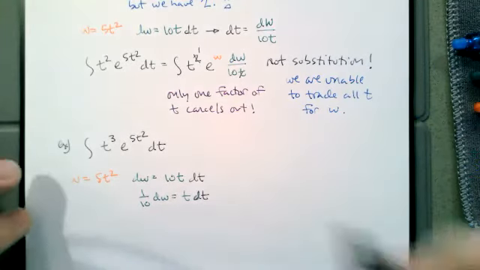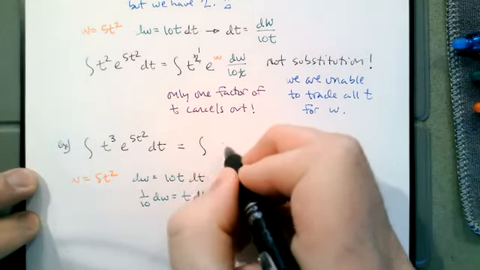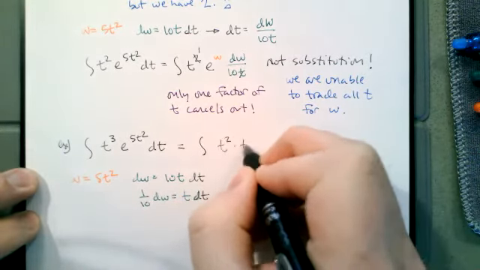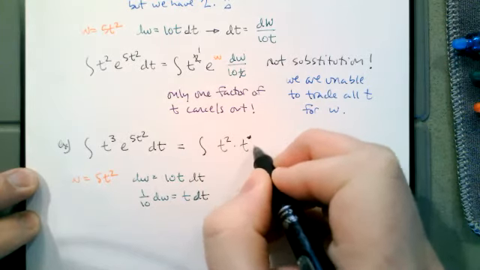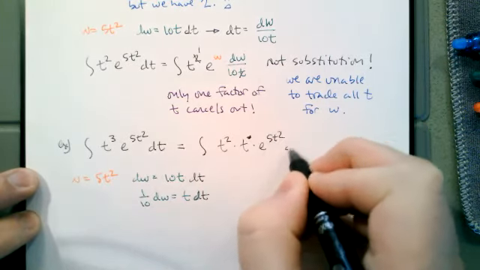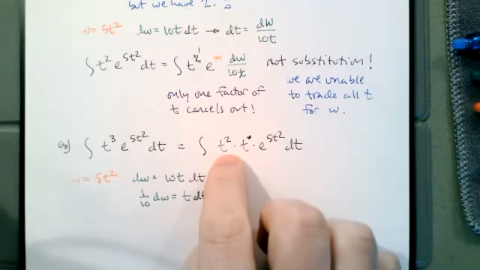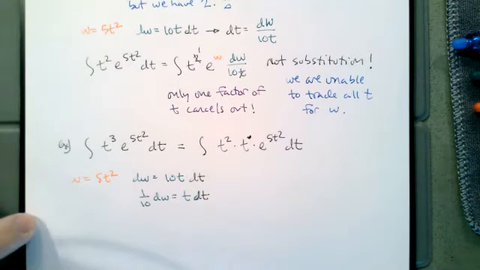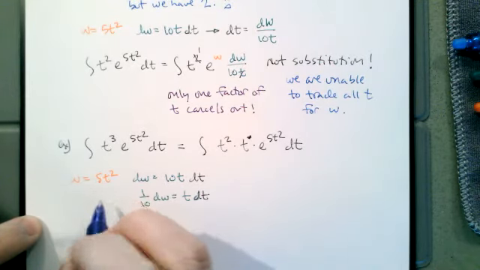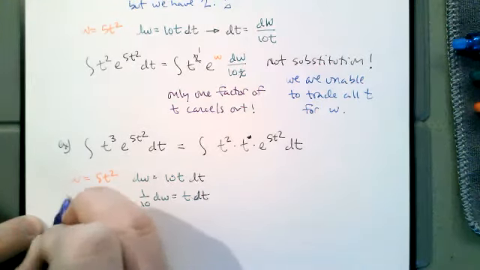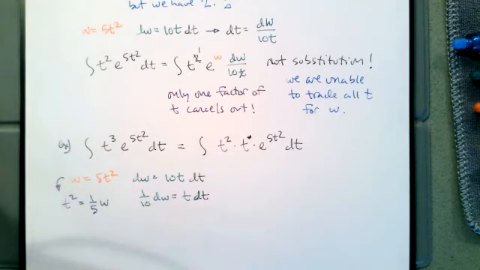So if we read this integral, there's a t squared times a t, times e to the 5t squared dt. One of the factors of t is going to be the dw. Since I still have two left, I can replace the other two based on our original substitution. So if w is equal to 5t squared, then t squared on its own is equal to 1/5 of a w.